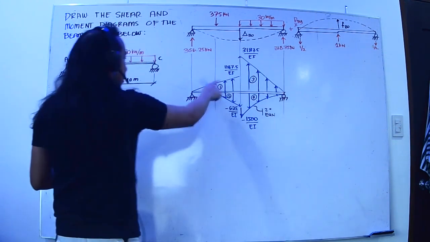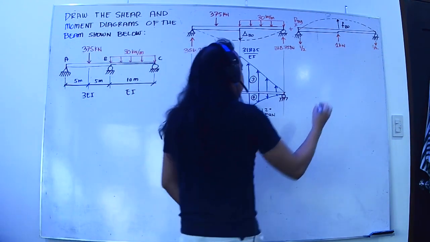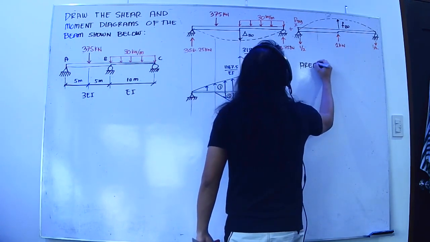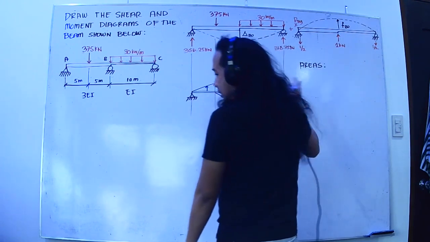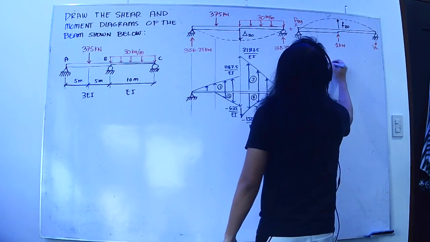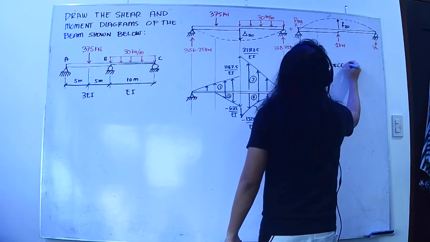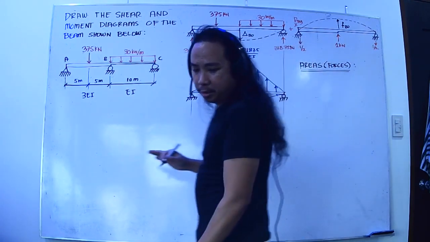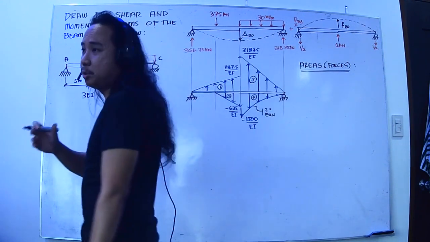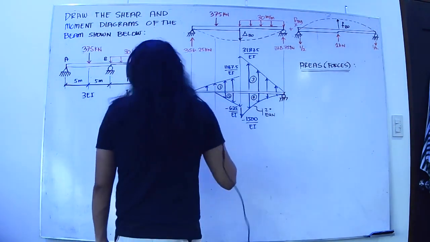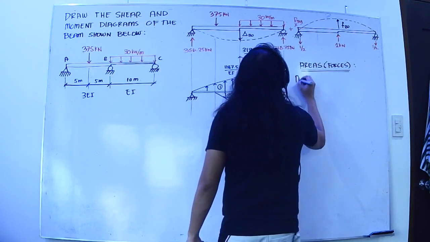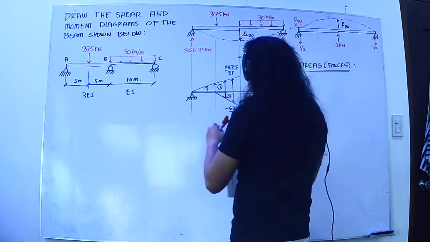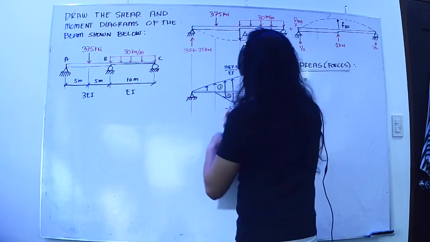I would like to solve for area 1 first. Or rather, these are forces in the conjugate beam. This will be our A1. A1 is equal to one half of base times height.